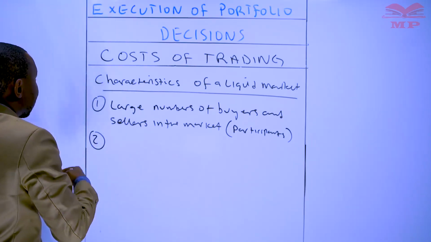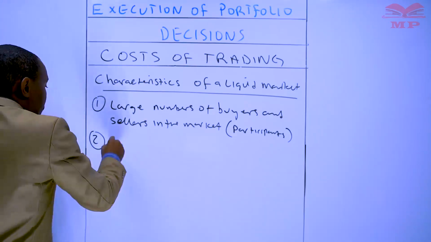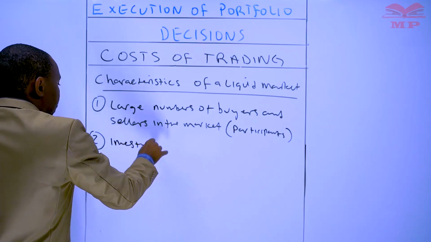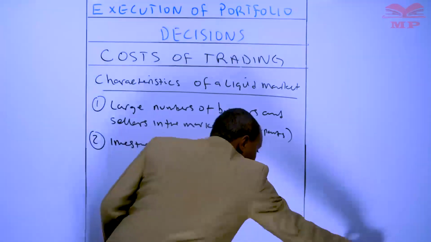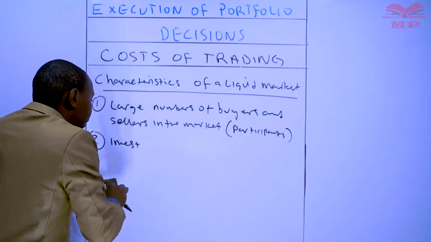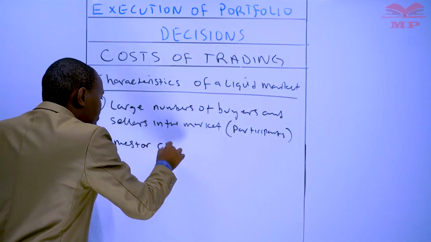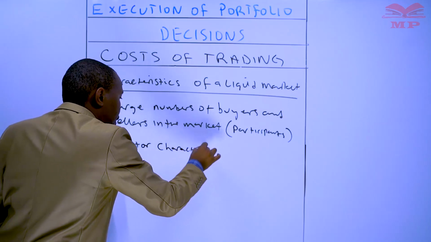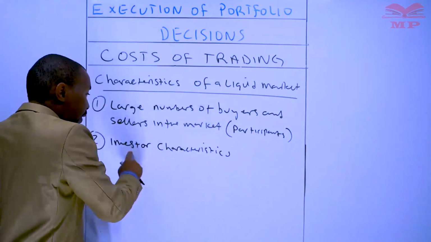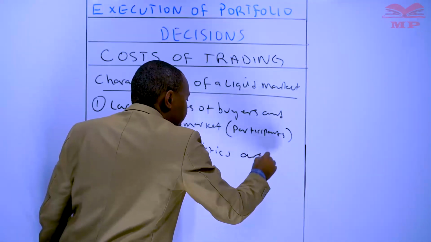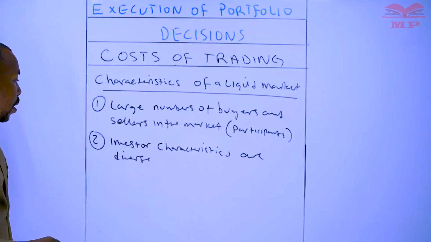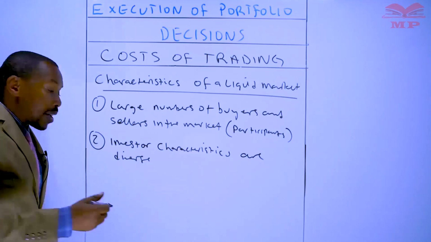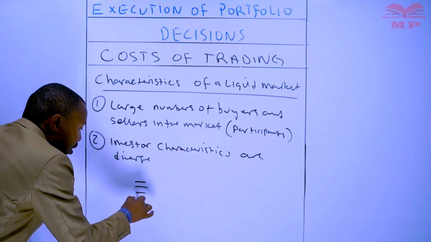Number two, we're saying that investor characteristics are diverse. What do you mean? That investors have got choices to choose from.